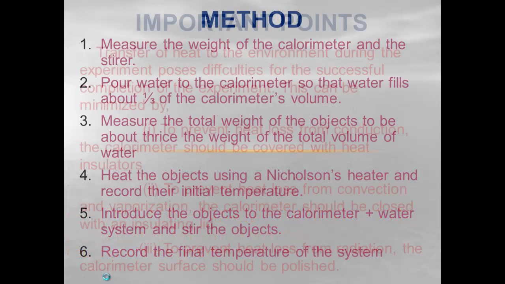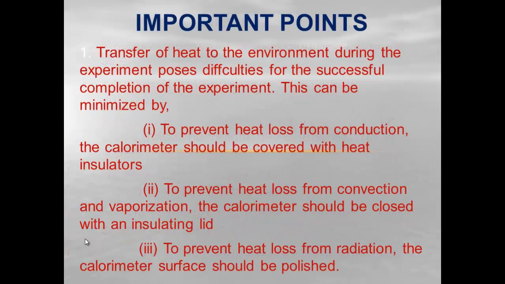So to make sure you are working accurately, you should minimize the transfer of heat to the environment during the process. As I mentioned, there are three methods by which heat can be lost from a system: conduction, convection, and radiation.